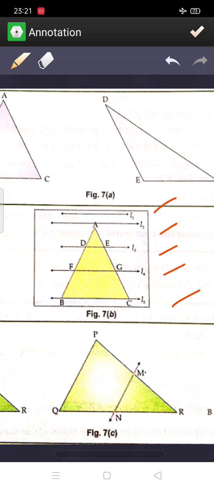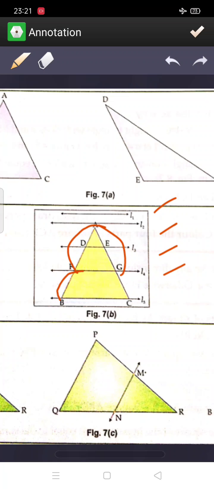The theorem states, if you are using, say, line L3, then AD by DB must be equal to AE by EC. Correct? And if you are going to use AF and FB, since L4 is parallel to BC, then AG by GC must be the same.